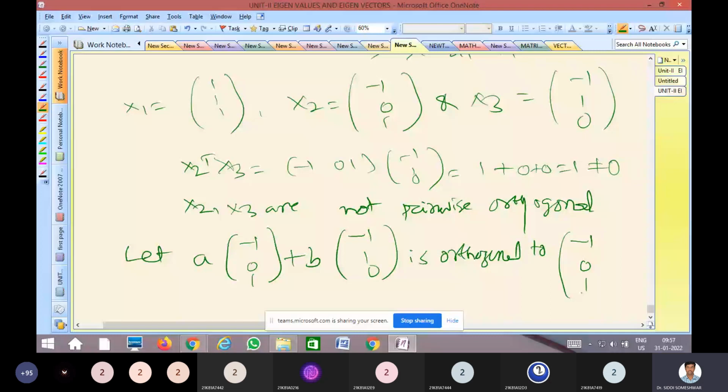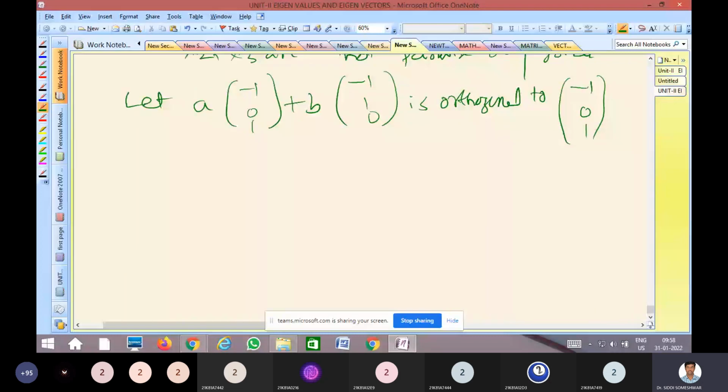We need to calculate the B value here. Simplify this, so that is minus A minus B, and here B, A is orthogonal to, I hope all of you are following, is orthogonal to minus 1 0 1.